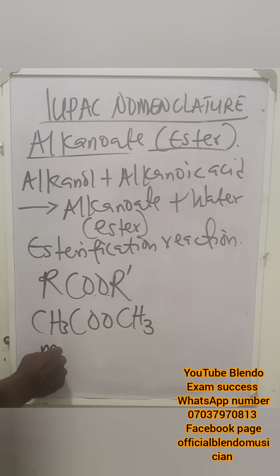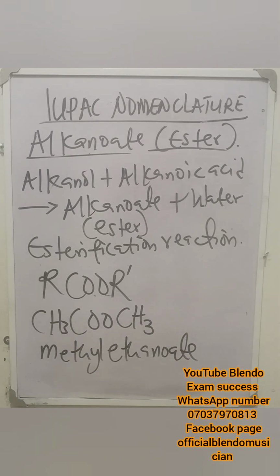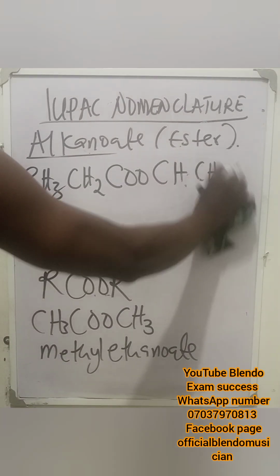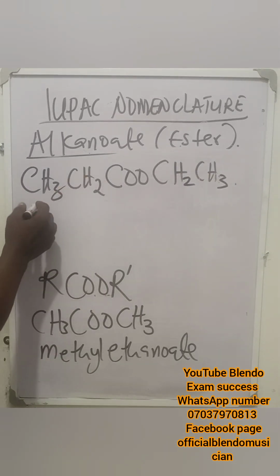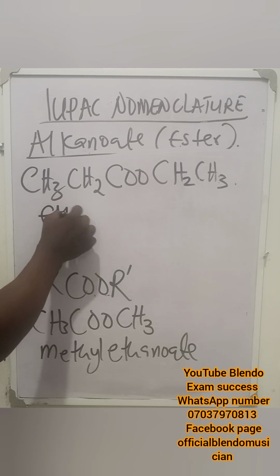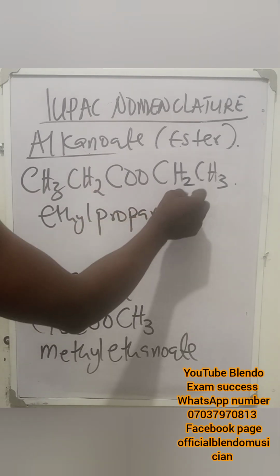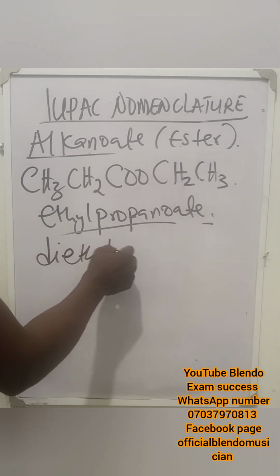So we can name CH3COOCH3 as methyl ethanoate. We name R prime first before the R. So that is why we have CH3 as methyl ethanoate. Another example is we have CH3CH2CH3 at the end.